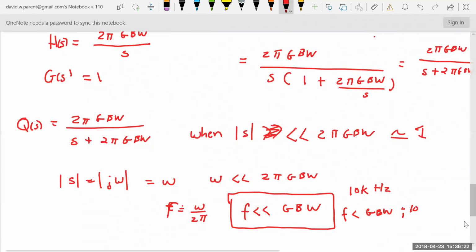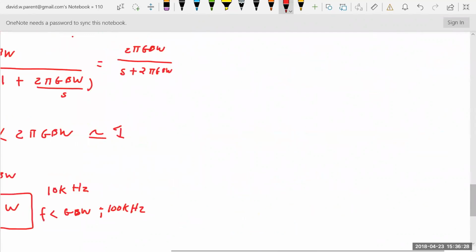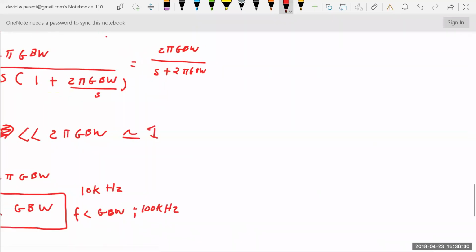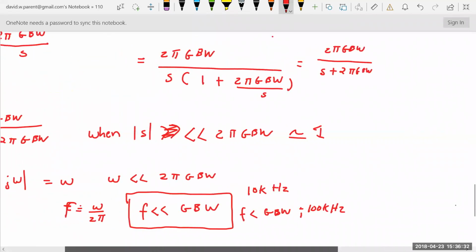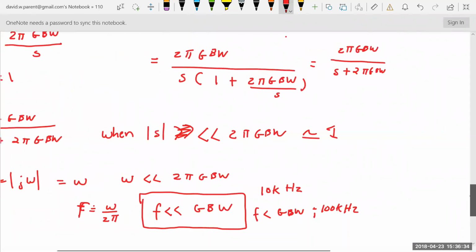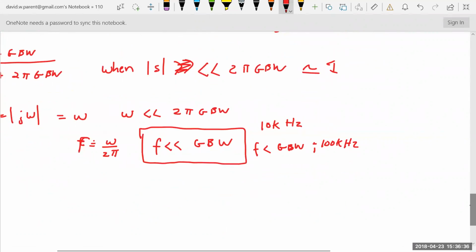So 100 kilohertz. But if you were kind of being intuitive, you could have said, oh, you know, F is less than 1 megahertz, and I would have accepted it.